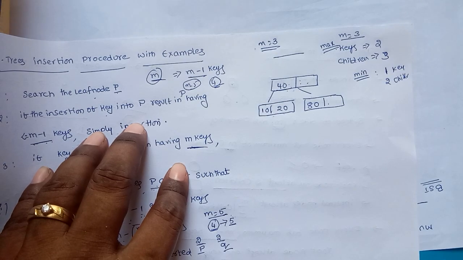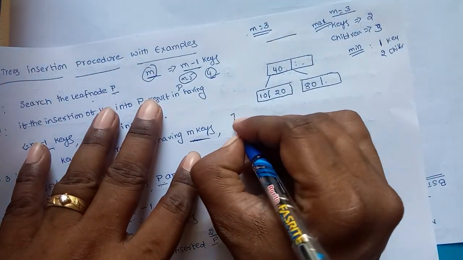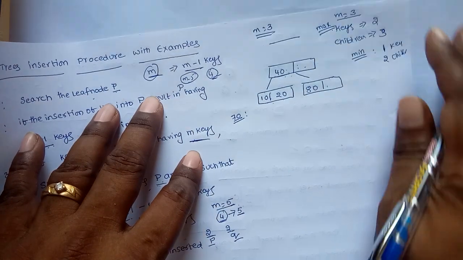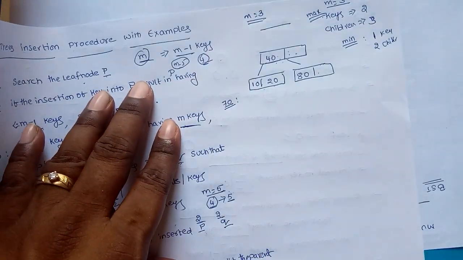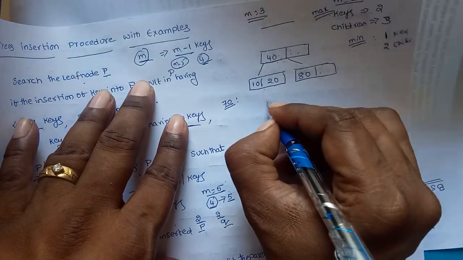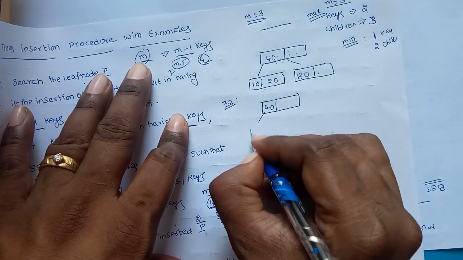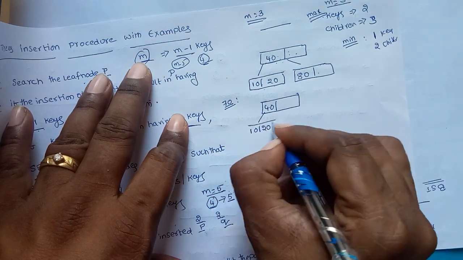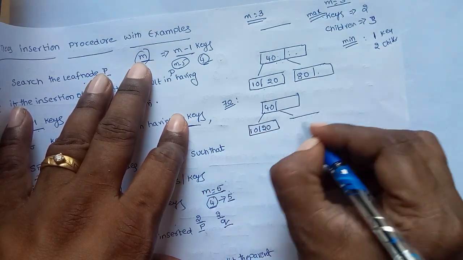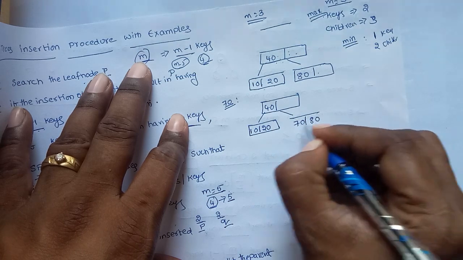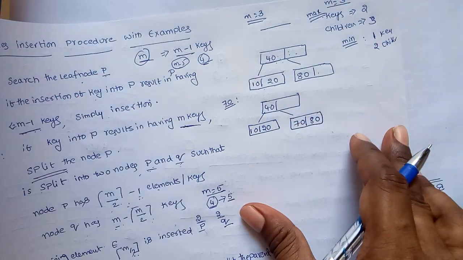Suppose we insert the element 70. Remember, the elements in a node must always be in sorted order. After insertion the tree is 40, 10, 20, and 70, 80.